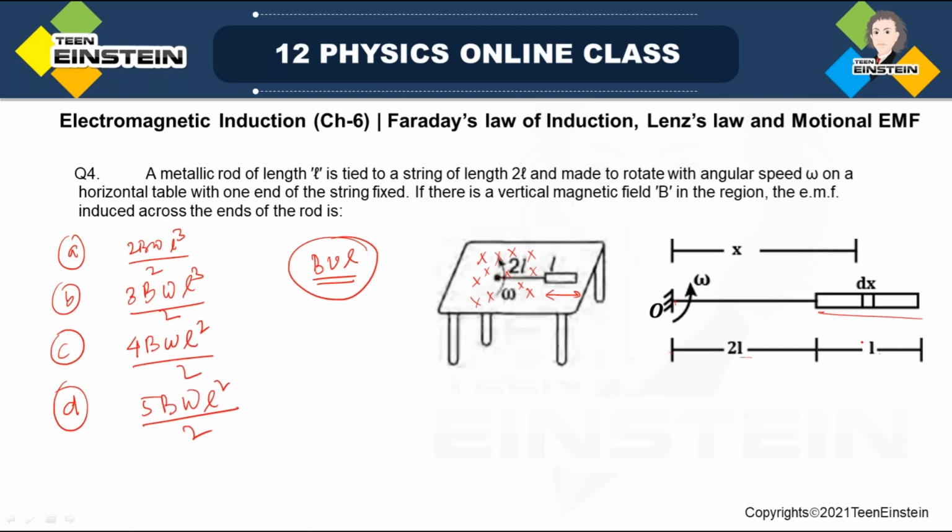I'm considering an elemental length of thickness dx at a distance x from the fixed end O. So from O to this element, the distance is x, and the thickness is dx.